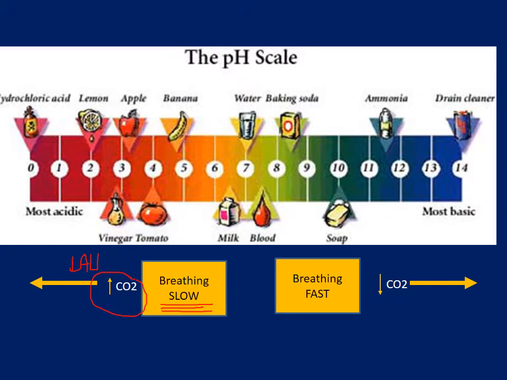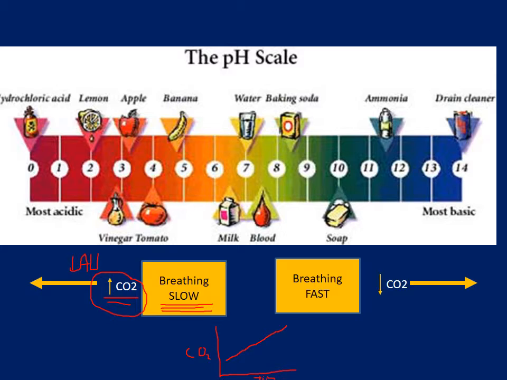As a result, in his blood, his CO2 level is going higher and higher. In fact, if you looked at a graph of his CO2 level over time, it's going to go higher and higher. So this would be CO2 level, and this is time.